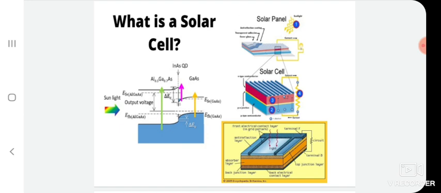A common single junction silicon solar cell can produce a maximum open circuit voltage of approximately 0.5 to 0.6 volt.